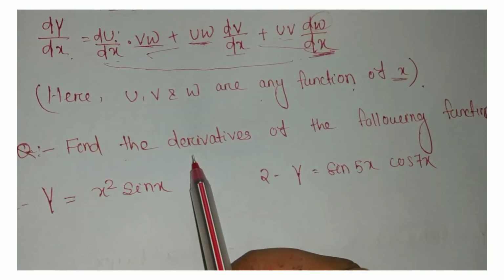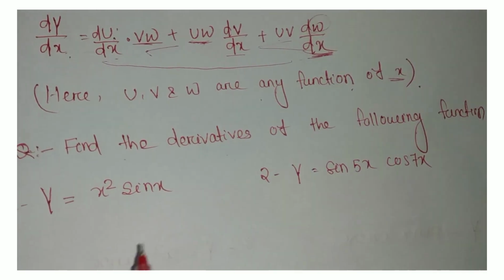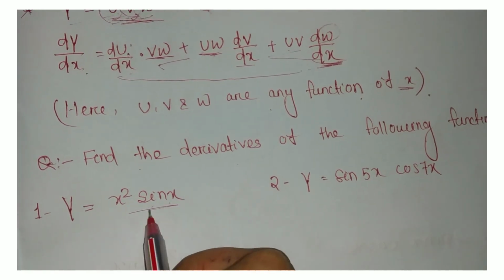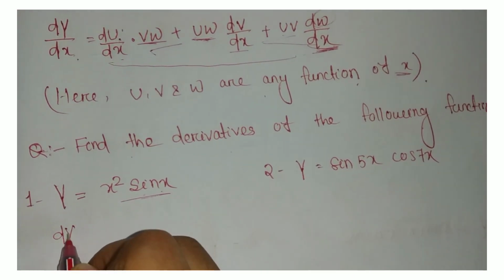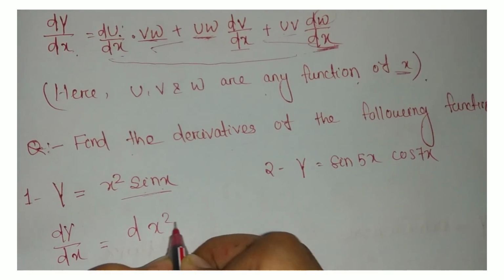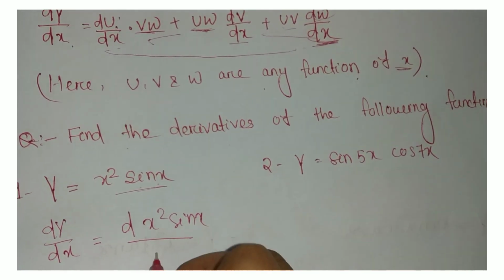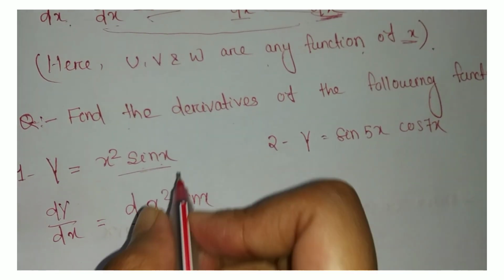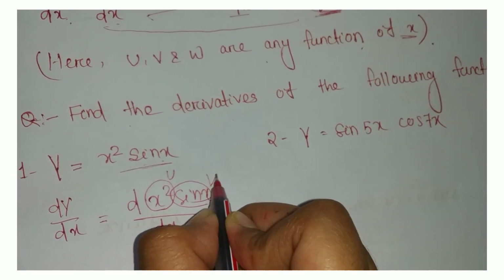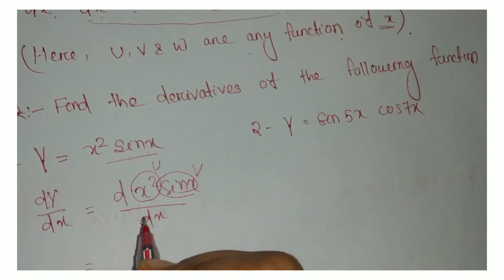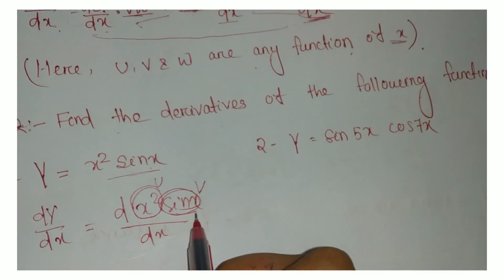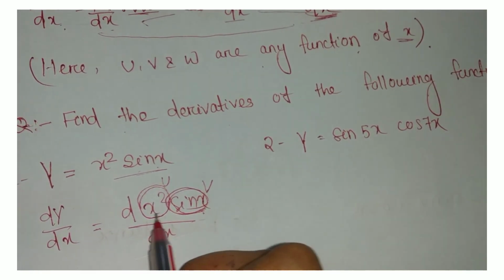Question: find the derivative of the following functions. Here y is equal to x square into sin x, then dy by dx is equal to the derivative of x square sin x with respect to x. Here u is equal to x square and v is equal to sin x. We use the derivative of the first function into the second function plus the derivative of the second function into the first function.